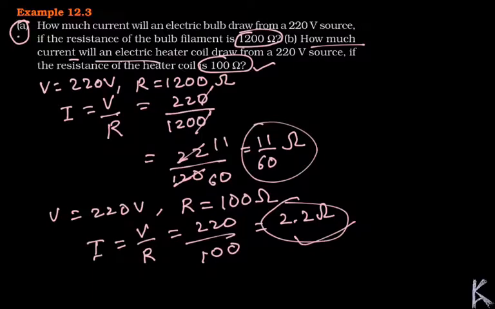So the resistance has decreased, so the current will flow easily. So current is more in this question with less resistance. Okay, so these are the answers.